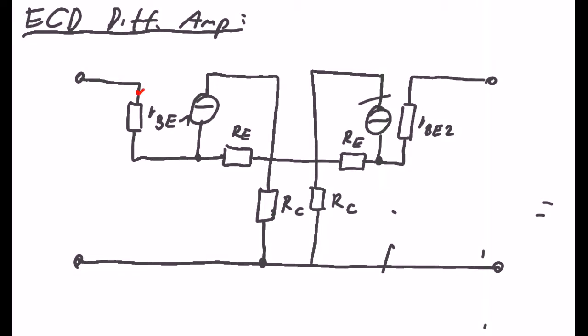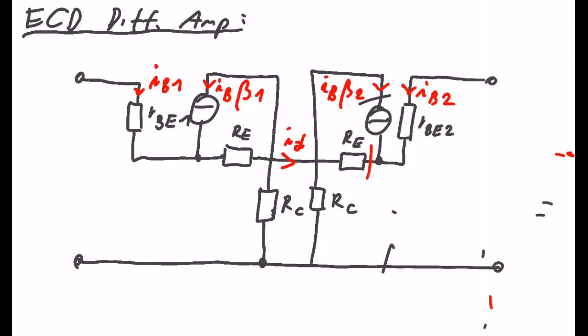We have the input current IB1 and another input we have IB2, and the collector current is IB1 times beta 1 for the first transistor and IB2, of course, multiplied by beta 2, and we have the current ID, and also we need some voltages.